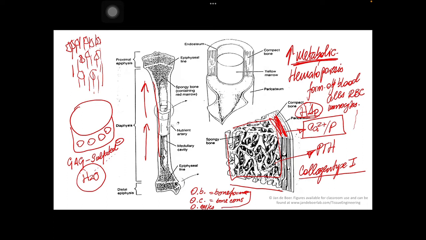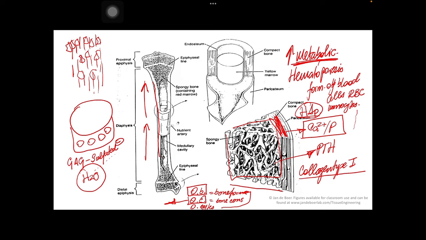We know that, since bone tends to remodel and renew, you will need the intimate action between bone forming cells, or osteoblasts, and bone consuming cells, or osteoclasts.